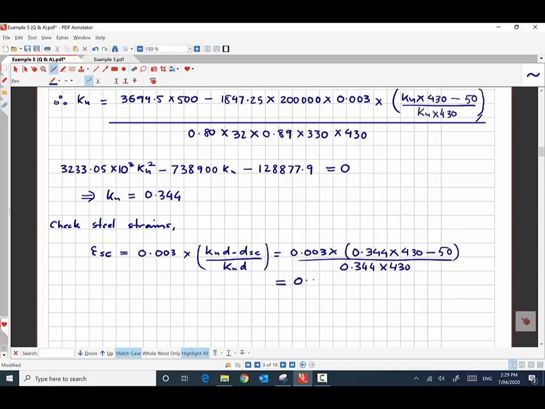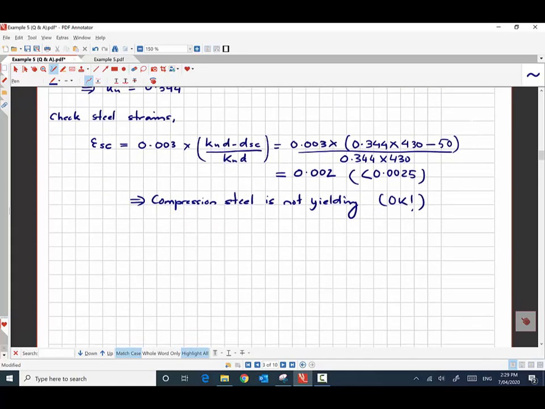The strain in the compression steel comes out to be 0.002. That means it is less than the yield strain of the steel, which is 0.0025. So it means that the compression steel is not yielding, which was our assumption. That is okay.